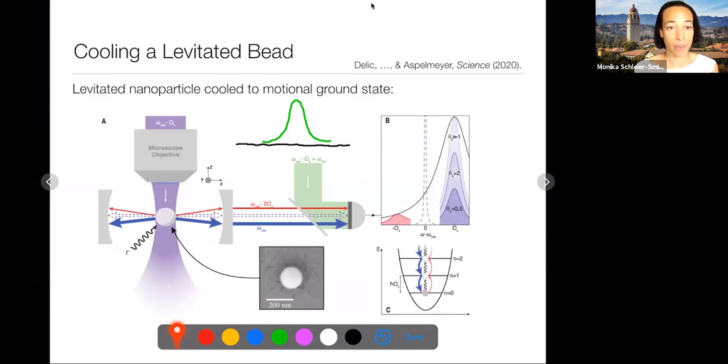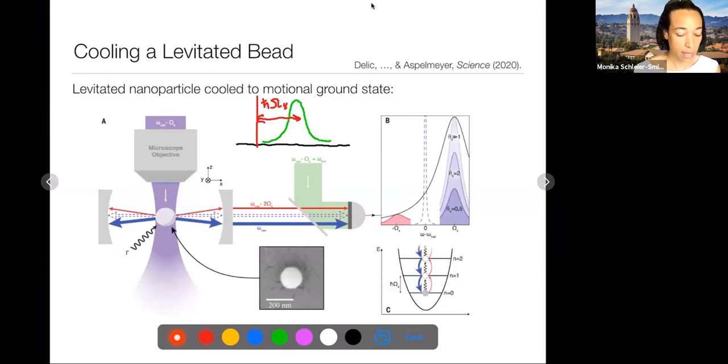The idea is that you would like to have a process where you absorb a lower energy photon from the laser and emit a higher energy photon. That means you would like your laser field to be tuned to the red of this resonance by an amount that, in this case, they call h bar omega x. They're trying to cool the motion in the x direction, and omega x is the trap frequency in that direction.